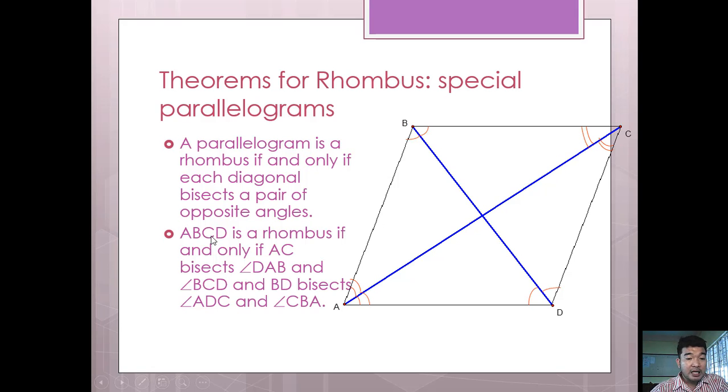Next, ABCD is a rhombus if and only if AC bisects angle DAB. Ayan, AC. Binisect niya si DAB, at binisect niya si BCD. And then, BD bisects. BD is another diagonal and it bisects ADC and ABC. Right.